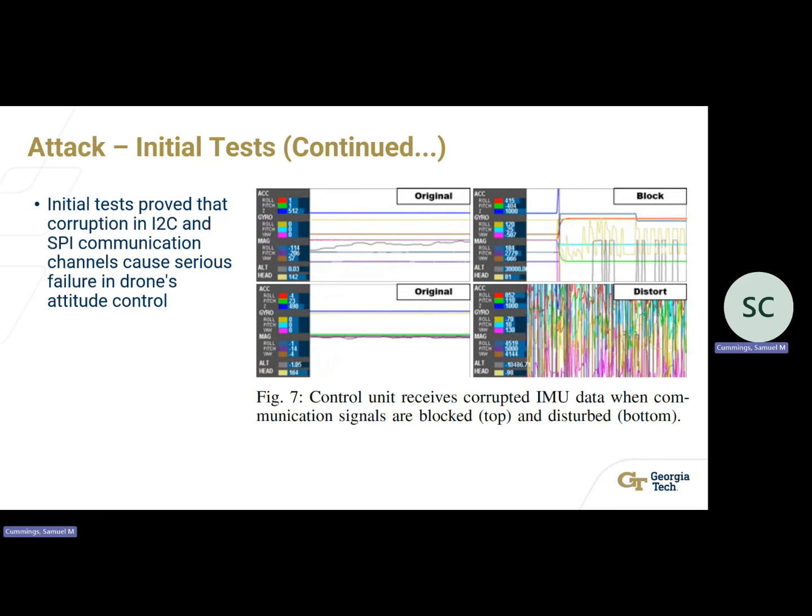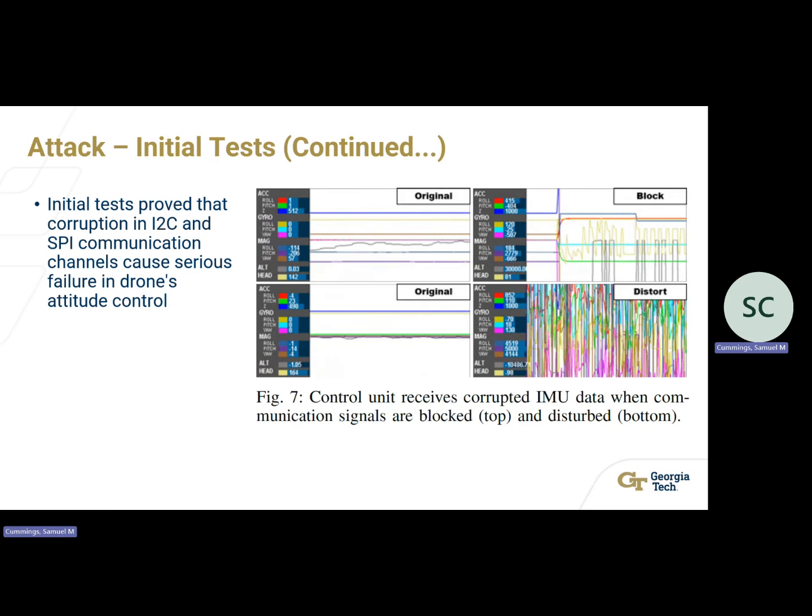And because there's no checksum, like we just discussed before, how the communication channel is automatically trusted. This is the IMU data that comes out of those distortions. So the bottom right is how the IMU data looks when all those signals are disturbed.